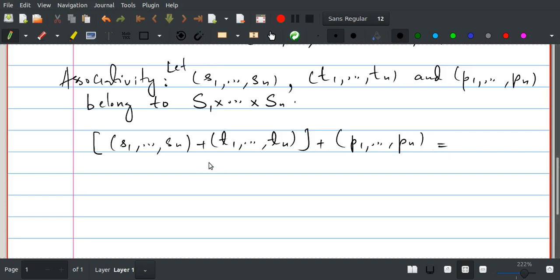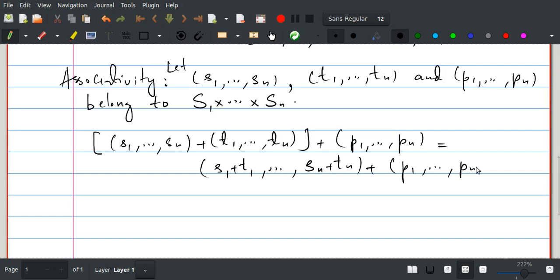This is the same as S1 plus T1 through Sn plus Tn, plus P1 through Pn. This is the same as S1 plus T1 plus P1, and so on, plus Sn plus Tn plus Pn.